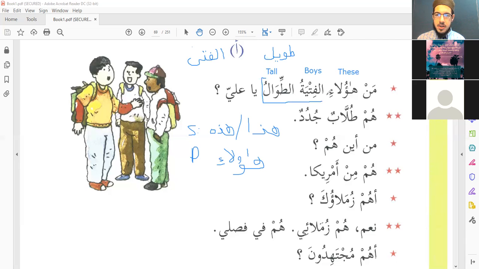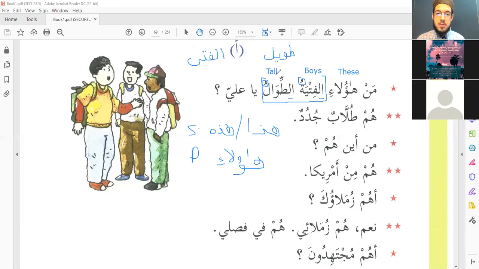We have an adjective and the noun it describes. And they have to agree in four things. The first thing, definite, right? Alif lam, alif lam. The second thing, grammatical case, marfu', marfu'. The third thing, masculine. The fourth thing, now we have plural. Al-fityatu is the plural of al-fata.